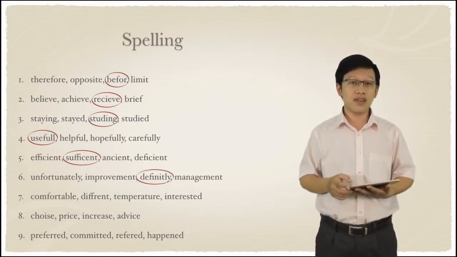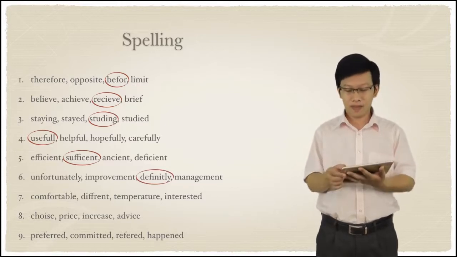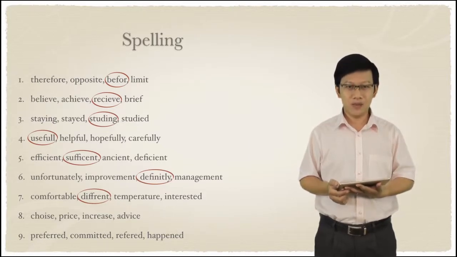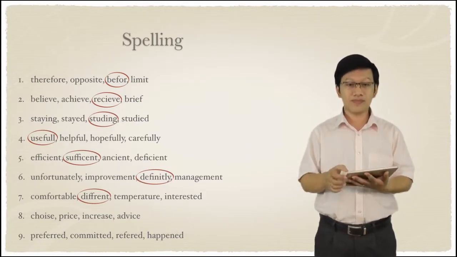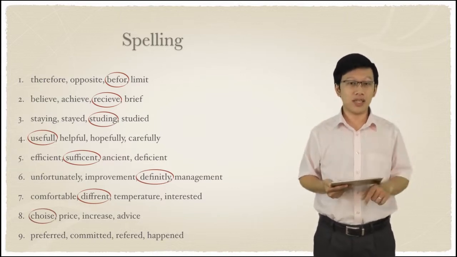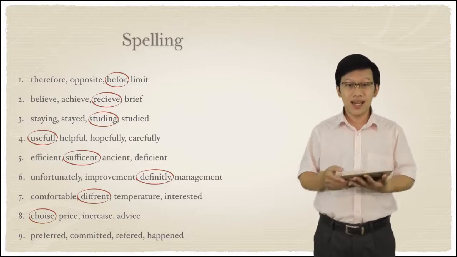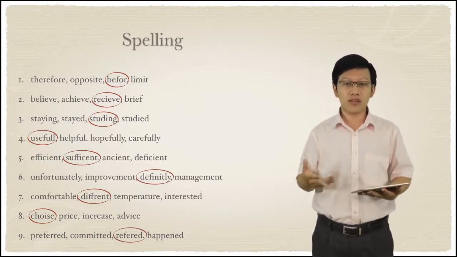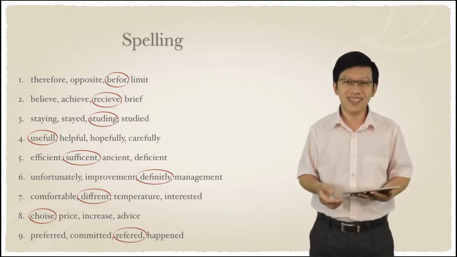Next, definitely, there's an E missing. Different, there is an E missing here. And the next one, choice. Well, S should be replaced by C, choice. And finally, what do we have? Refer. Refer would have 2 R's, right?